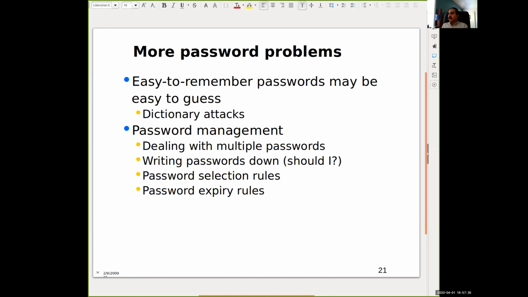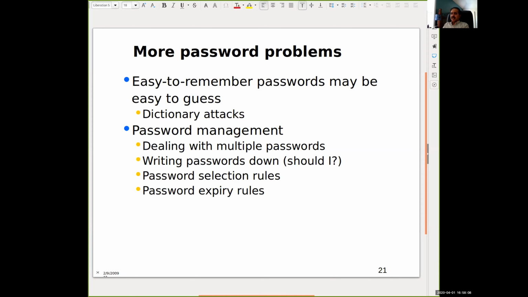So we need to have some way to deal with this. In particular, we should avoid using a base plus some digits, or any other way of generating multiple passwords from the same base password.